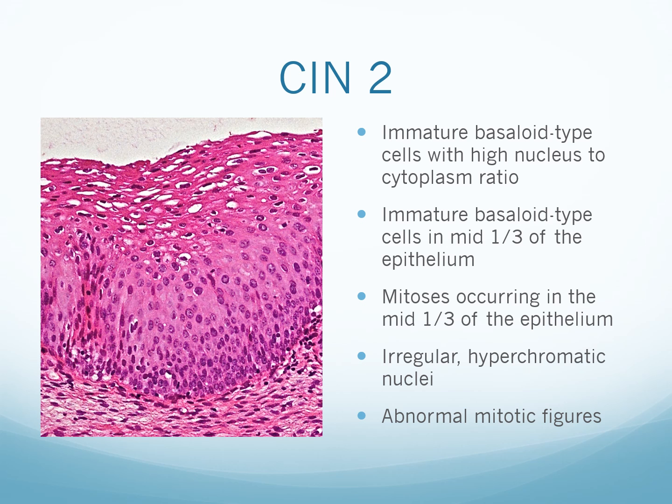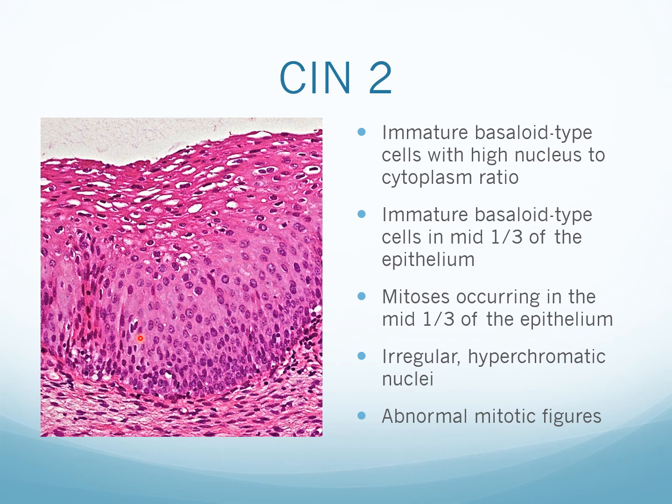In this photograph of CIN2, notice the basal cells extend to halfway. Anything between 1/3 and 2/3 of the thickness of the epithelium containing atypical immature basaloid type cells defines CIN2. We have multinucleate cells.